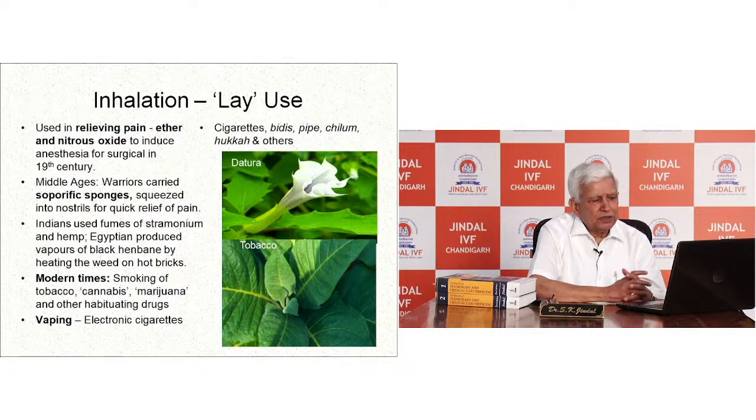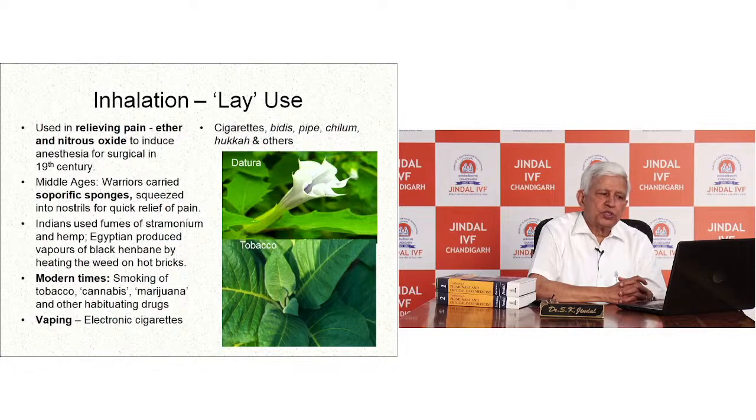So these are the historical backgrounds of different types of inhalational drugs or herbs which had been used. And in modern times, of course, the smoking of cigarettes, tobacco, cannabis, marijuana and other habituating drugs is known to you all. And of course, the last in the line are the electronic cigarettes or the vaping, you see.